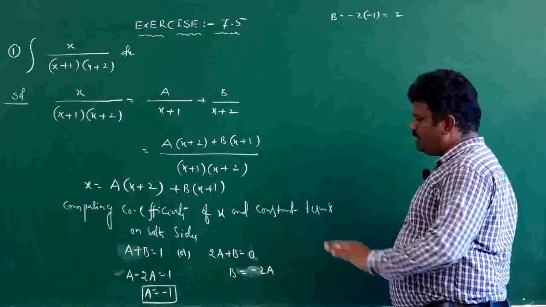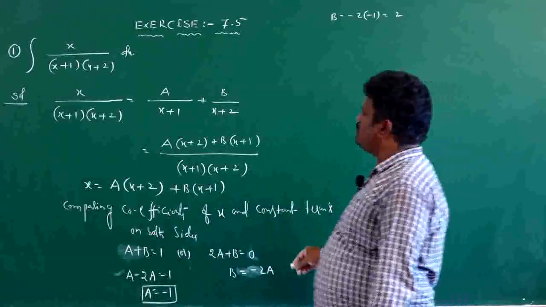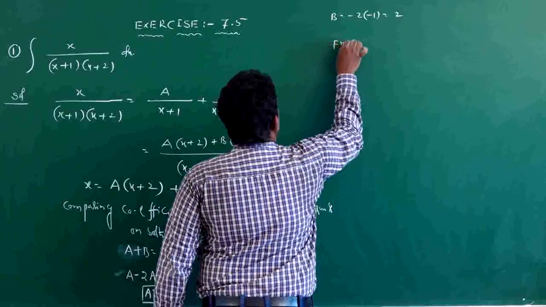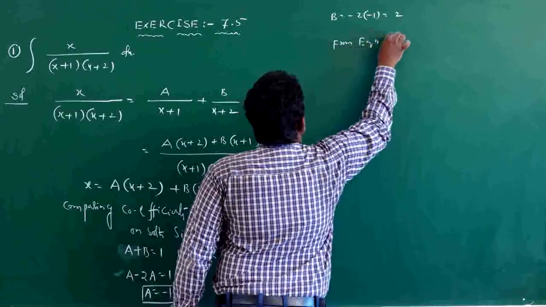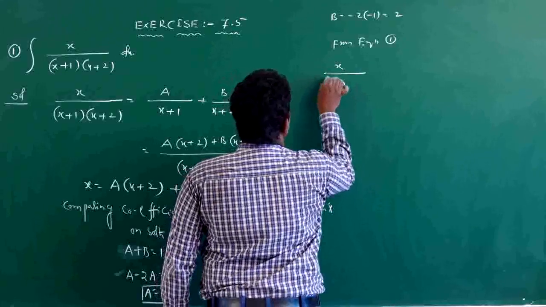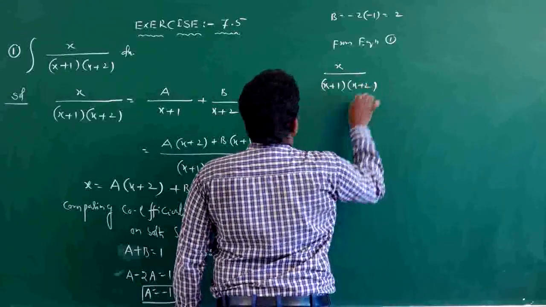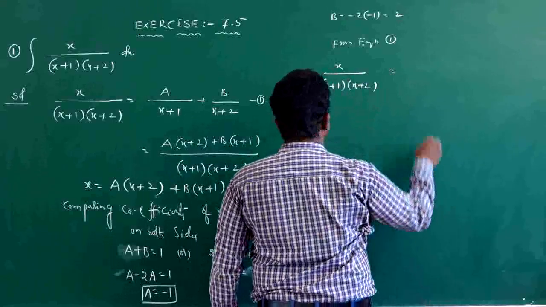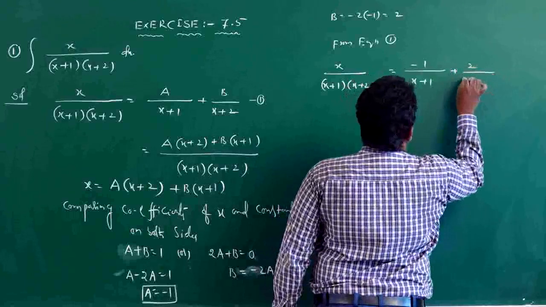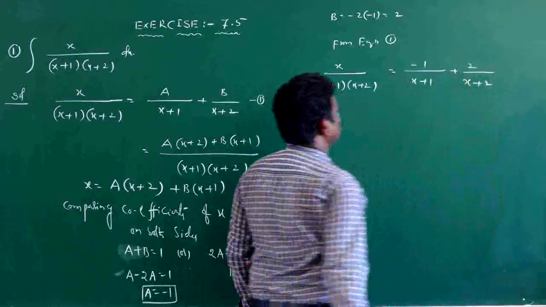So here if you find out the a value and the b value, this is equation 1. From equation 1, what have we done here? x by x plus 1 into x plus 2 is equal to, a is equal to minus 1, so minus 1 by x plus 1 plus 2 by x plus 2.